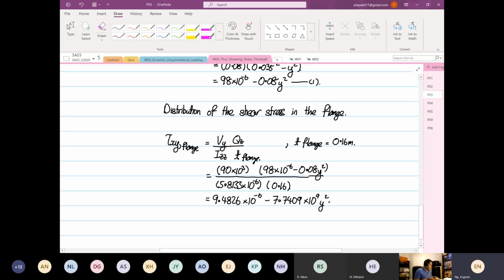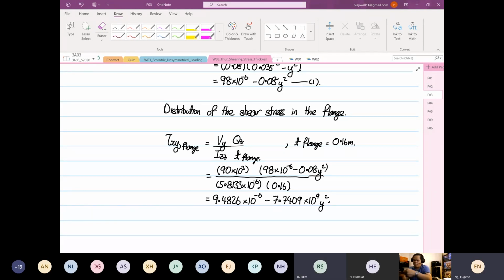As good engineers, we need to know whether this is the right or the wrong answer. Can anyone tell me what test you can do to find out whether this answer is right or wrong? Anyone, please. Plug in 0. What do you mean plug in 0? Could you elaborate? You're not wrong.